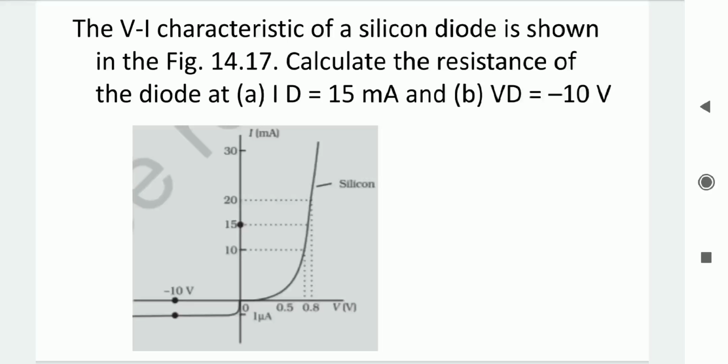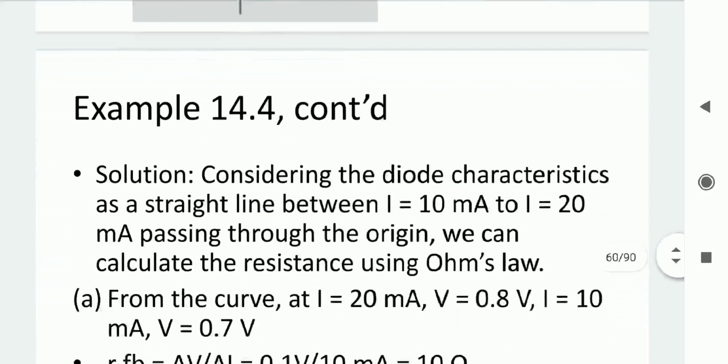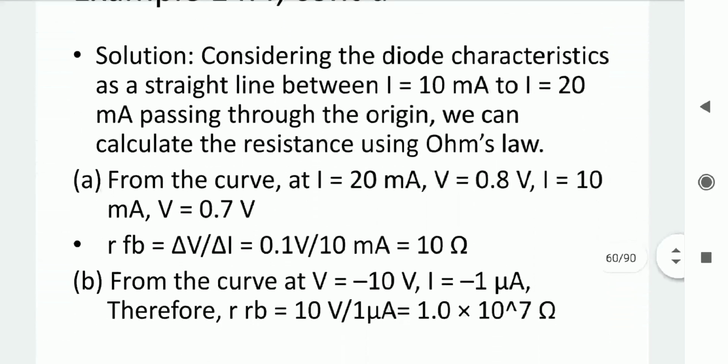So change in voltage divided by change in current. Here we have the change in voltage V2 minus V1, that is 0.8 minus 0.7, divided by the change in current I2 minus I1, that is 20 milliampere minus 10 milliampere. Likewise, the forward resistance is 0.1 volt divided by 10 milliampere, which gives 10 ohm.